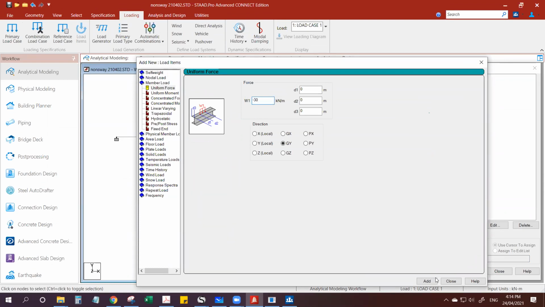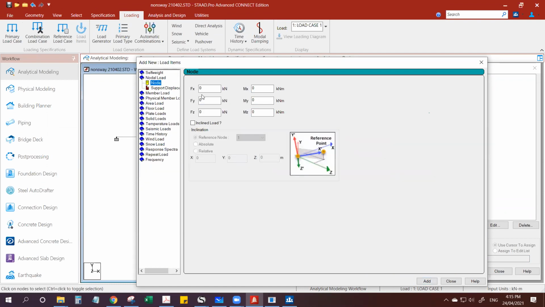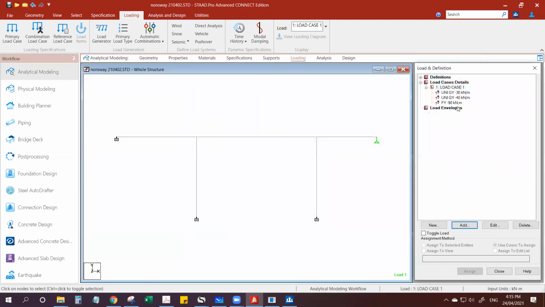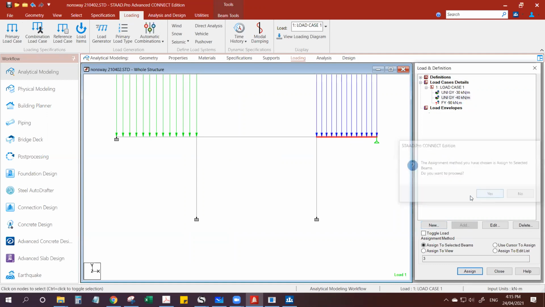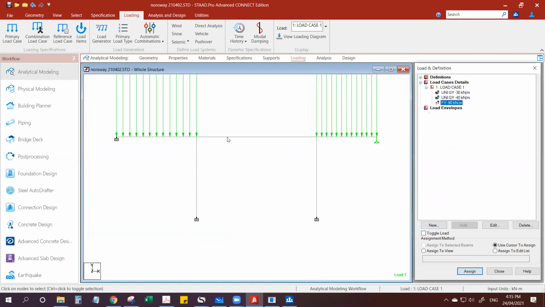Negative 30, negative 40, and negative 90. So 30 is here. 40 is here. And 90 is here. But we need 2 meters.